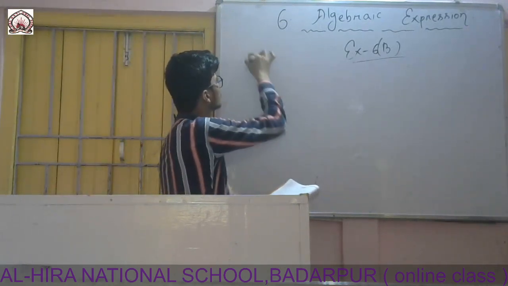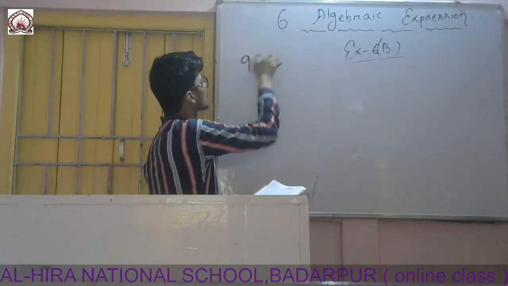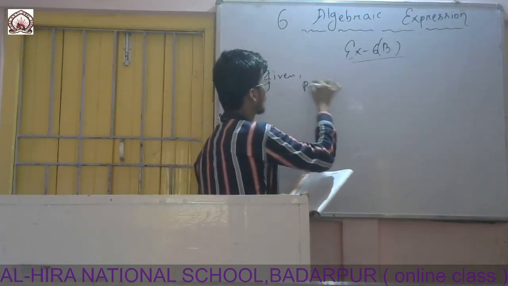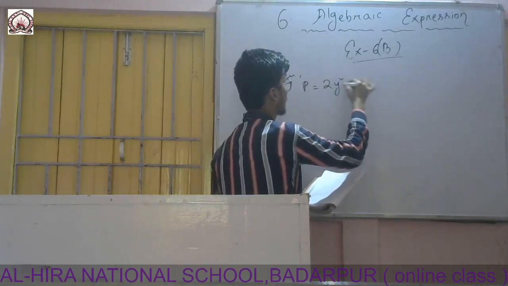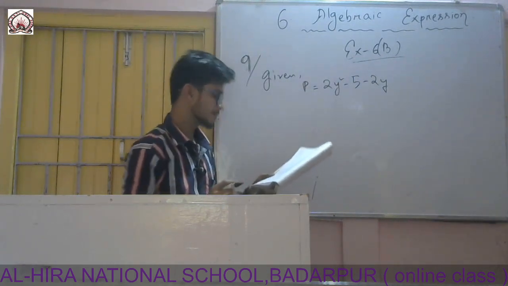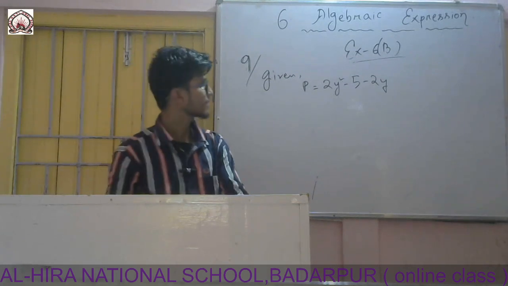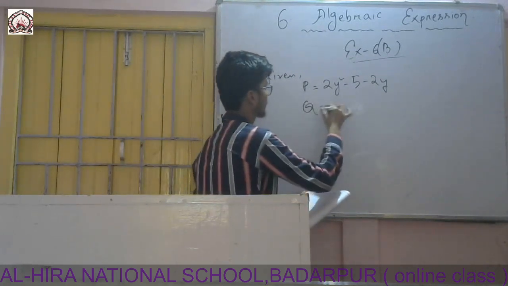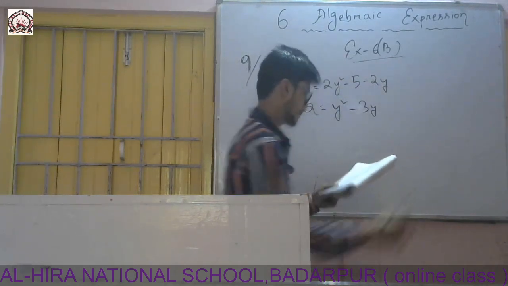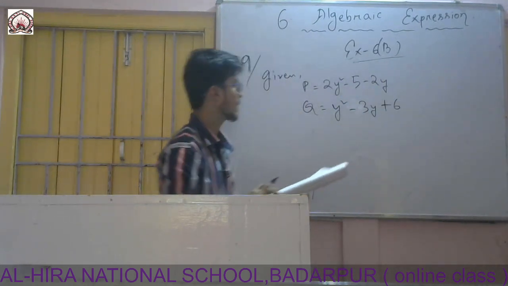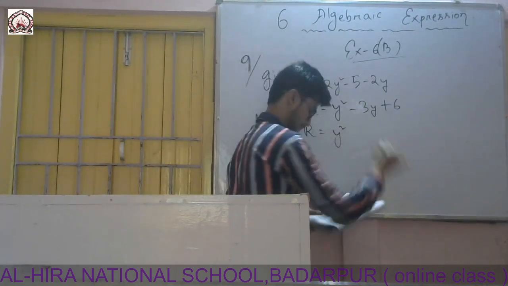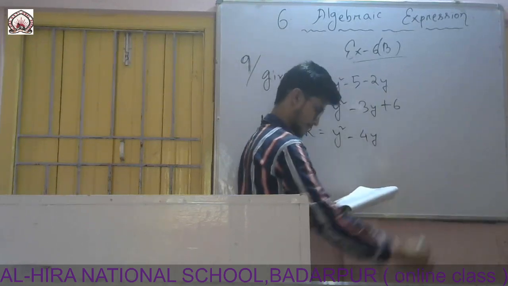Question number 9. Given P is equal to 2y square minus 5 minus 2y, Q is y square minus 3y plus 6, and the value of R is y square minus 4y plus 2.